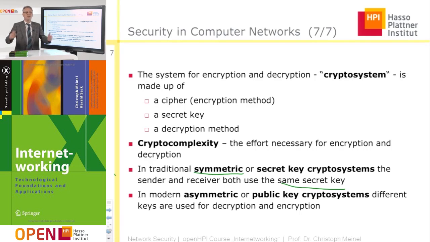But if one wants to exchange, for example, video information, then they are much too computationally expensive. So what we see in practice, for example in SSL communication, is typically a combination of these two methods. One starts with an asymmetric public key crypto system to exchange the key, which later on is used in a symmetric system.